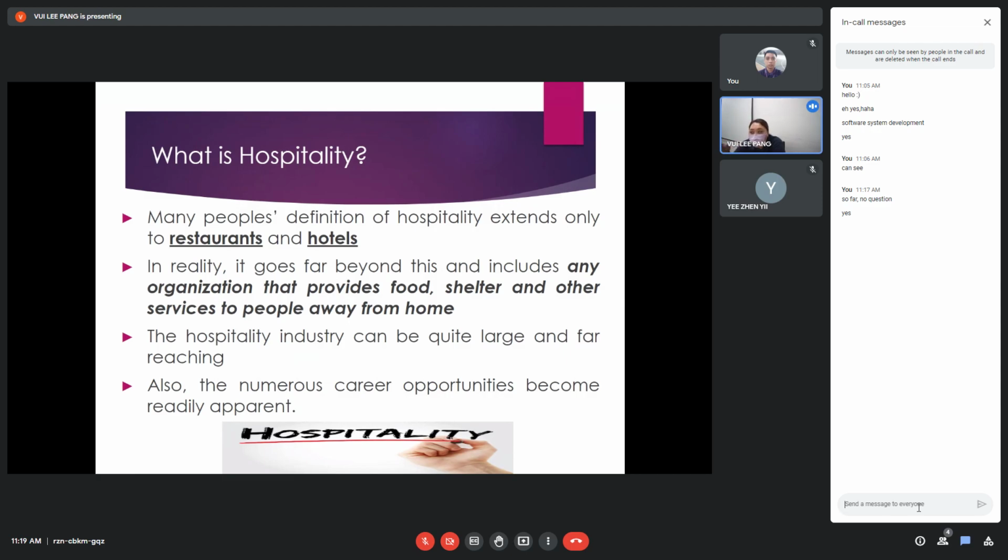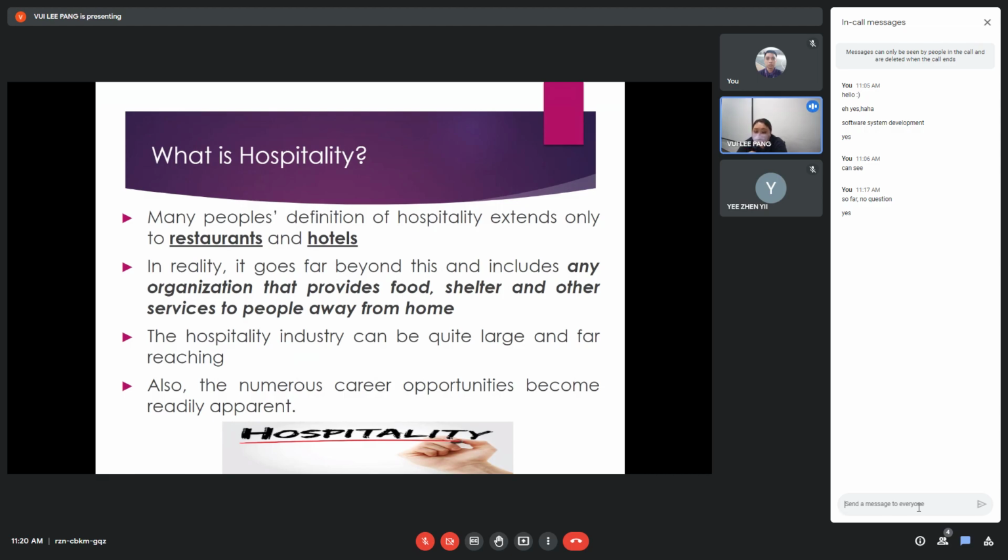During the pandemic they switched, so now they attract the local tourists. So it is actually coming back, but they do have a lot of things changed. How they recover from the crisis and how they change their mode of operating is still very challenging. But for now they do have a lot of career opportunities that are readily apparent.